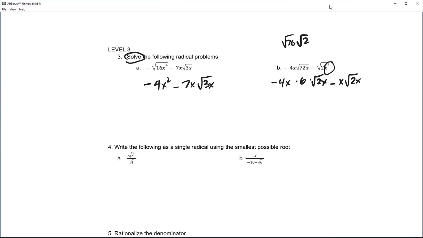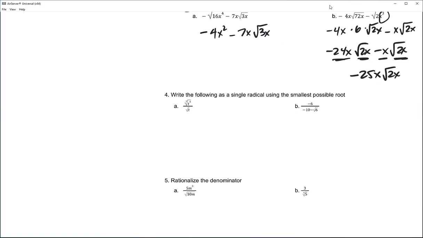When you combine it, it'll be negative 24x radical 2x minus x radical 2x. Since they have the same radical, the final answer is negative 25x radical 2x. Any questions on that? We good?